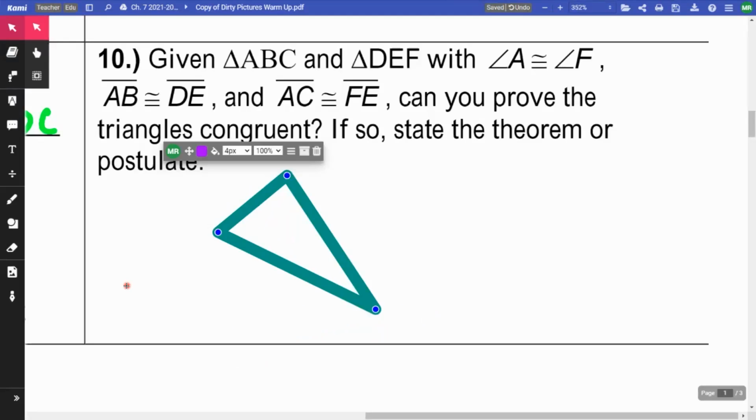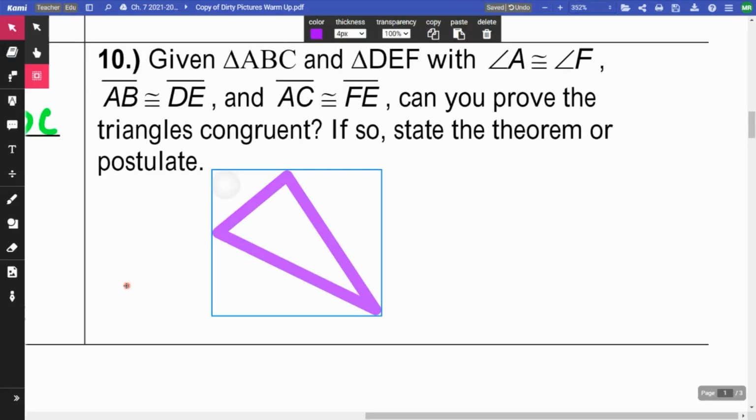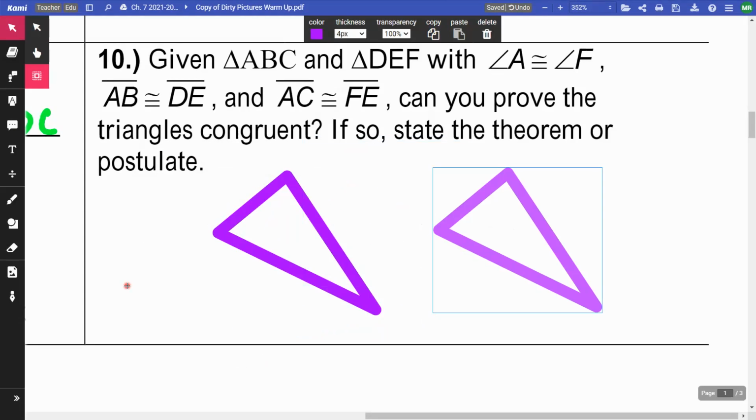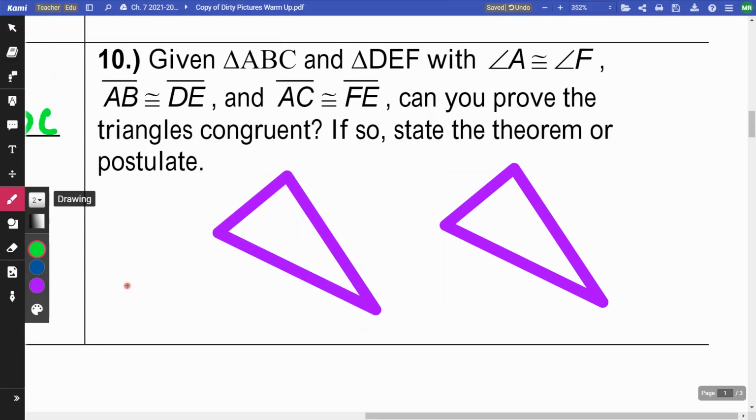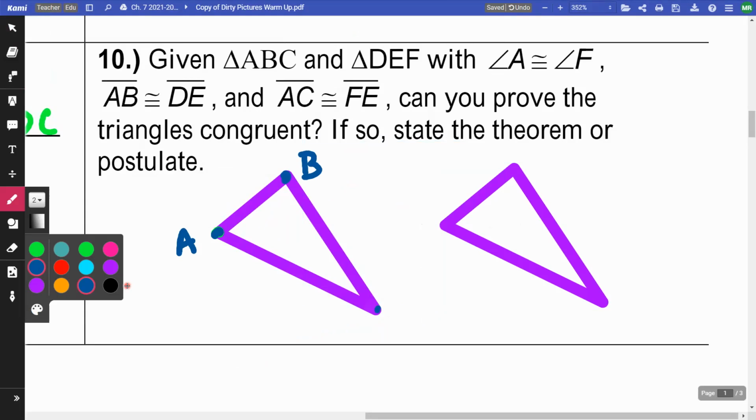And I have another triangle, so I'm going to copy paste this, okay? So I have another triangle. And we're going to call this, let's say one of them we call A, B, C, and I'm going to call the other one D, E, F.